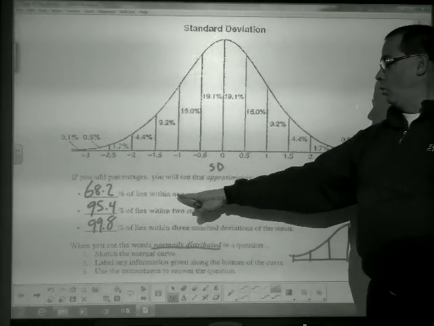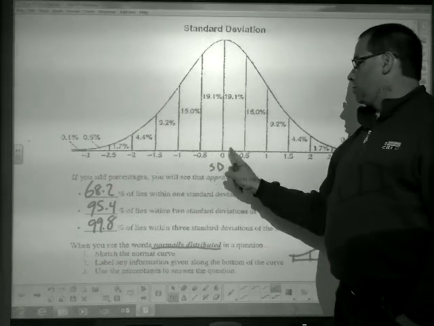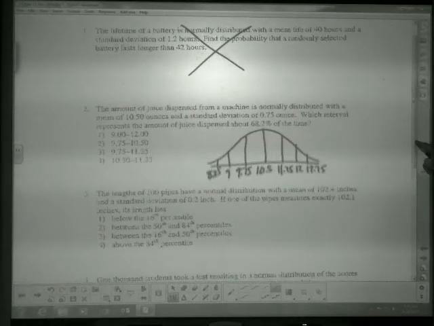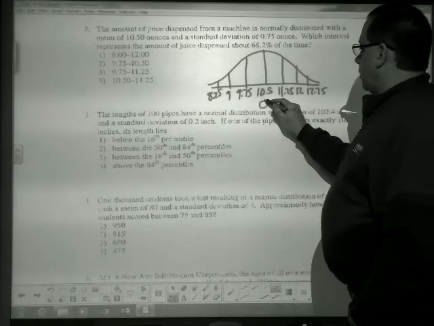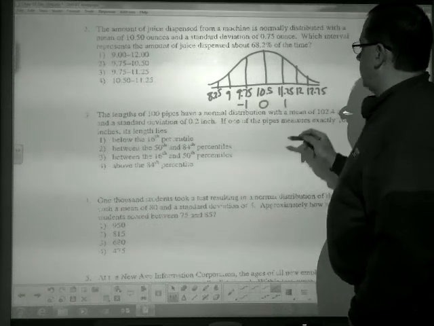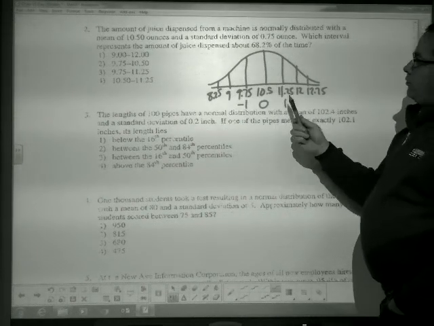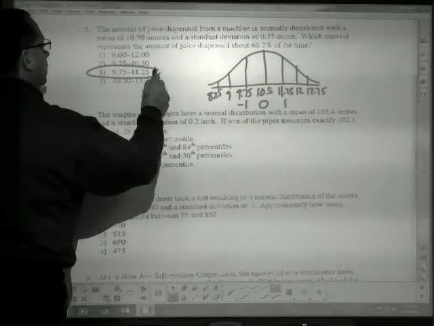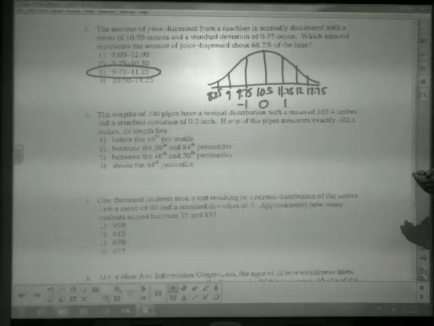I know that is within one standard deviation, so you're going to want to memorize these numbers. Within one, which means down one and up one. So if I go back to my question, again, this is 0, this is -1, this is +1. So that would be from 9.75 to 11.25. Choice 3.